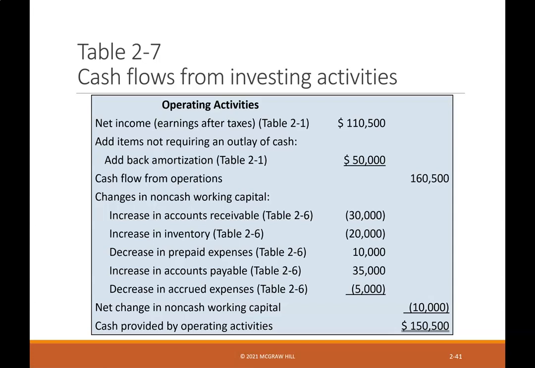Then you add and subtract the changes in non-cash working capital to get a total net change in non-cash working capital of minus 10,000. And you add that to the 160,500, and you end up with cash provided by operating activities of 150,500.